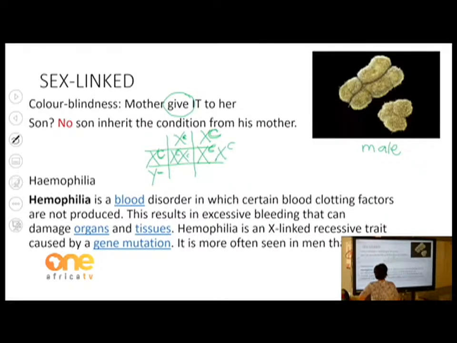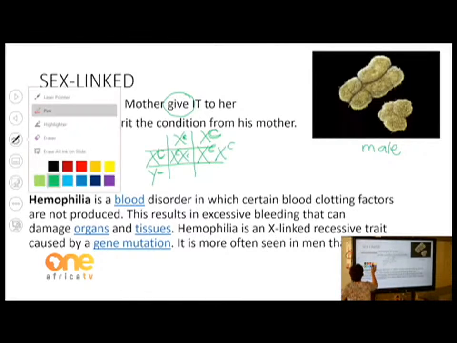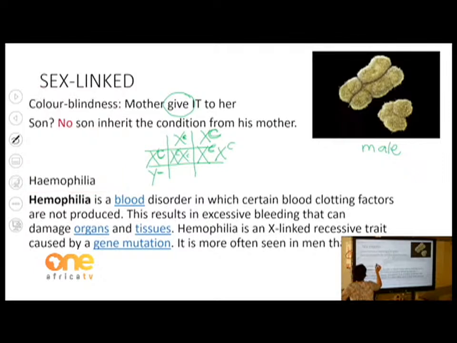Okay. Just to make sure you do see it properly. This is the colorblind recessive small c. There it is. Now, the father, not colorblind. This will be girls. Very important. This will be girls.